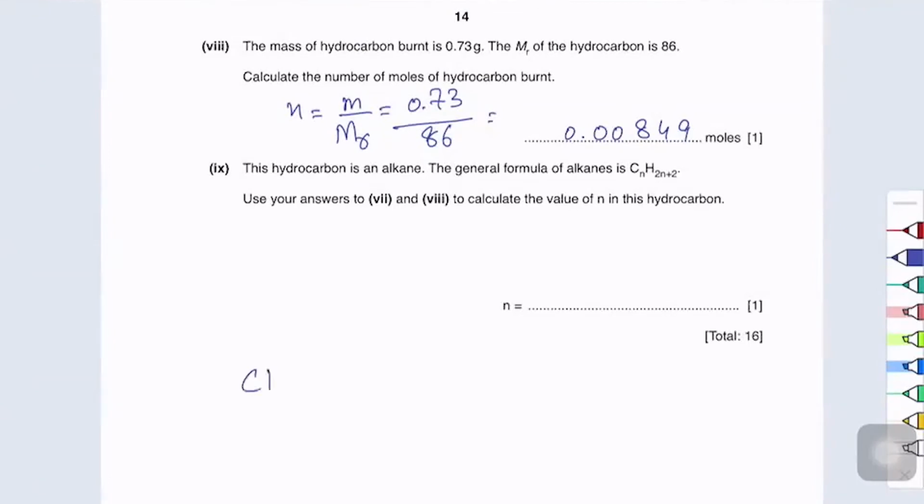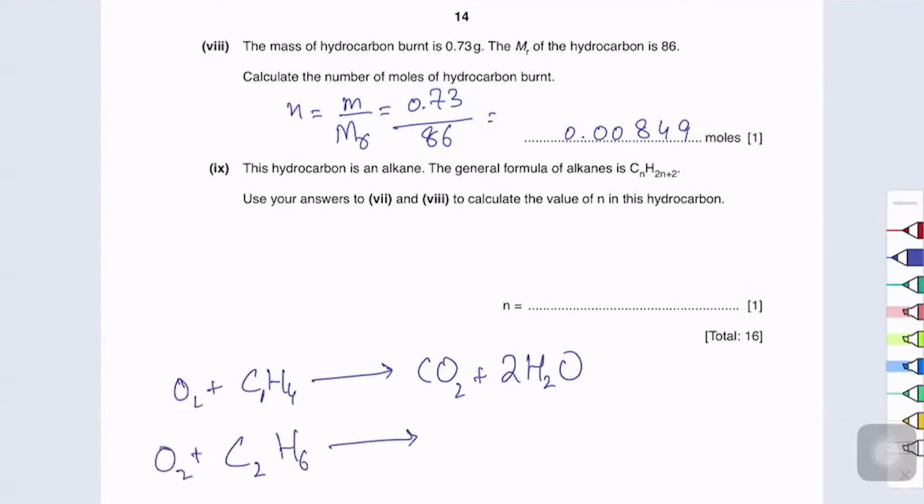So for example, if I had CH4, I'll get carbon dioxide and 2 water. The rule, for example with C2H6, is you burn them, you get the same number of carbon dioxide and half the hydrogen count as water. So 6 has half 3, so 3 water, which tells me I'm going to get n carbons in 1 mole of alkane, which should equal n carbon dioxide.